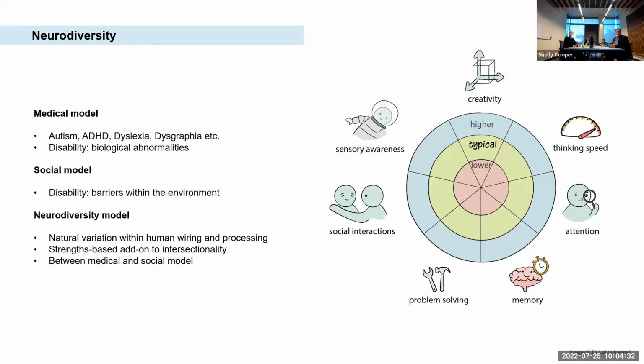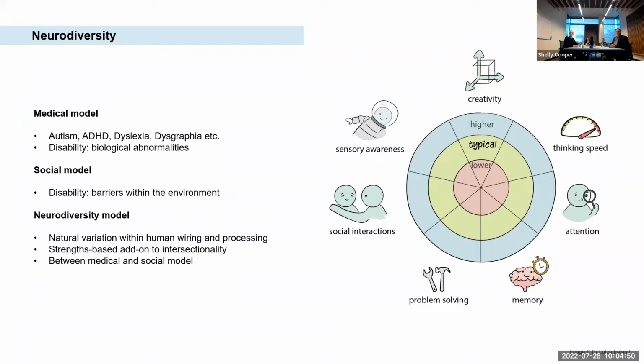But sometimes this model is a bit criticized to say that it still doesn't account for the individual experience and some of the difficulties and some of the extra pain and lived experience that people with disabilities live with.